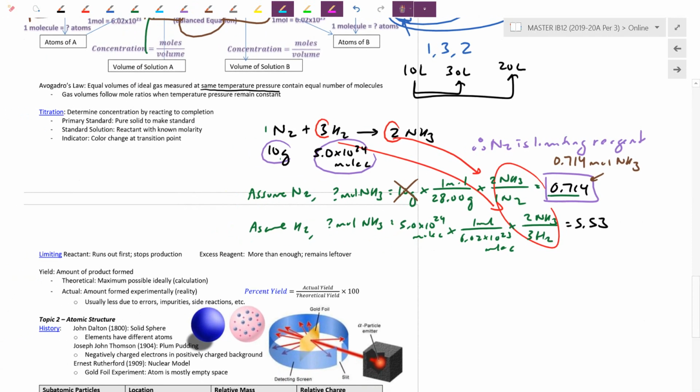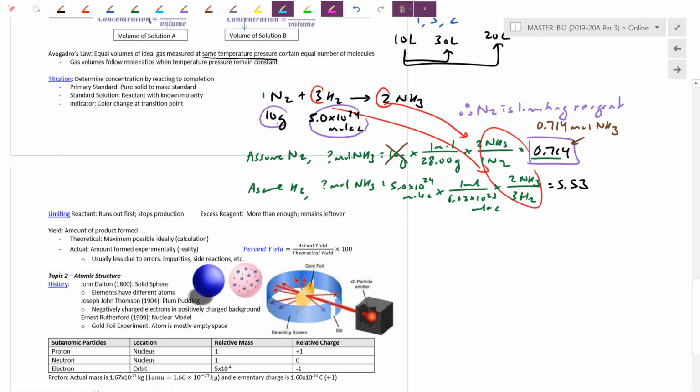I'll leave it up to you to try to find the excess. Remember, there's two ways of doing that. Either you do the subtraction first. You figure out 5.53 minus 0.714. I could have made an extra 4.82 moles of NH3, and you calculate back how much of the H2 is sitting around waiting to make that.